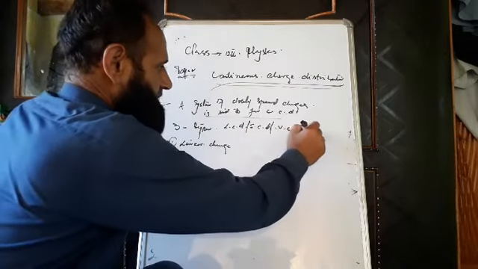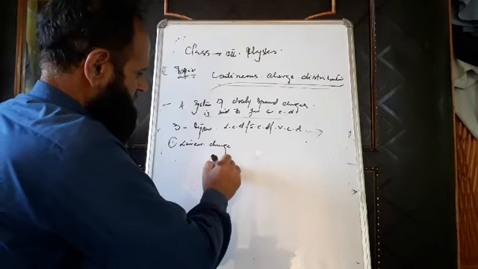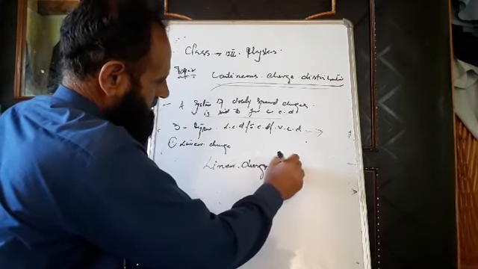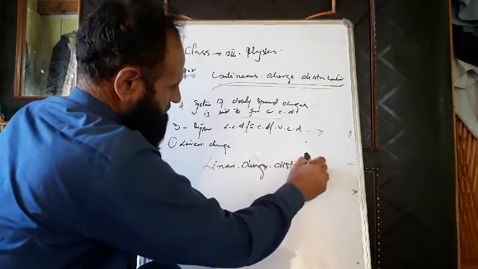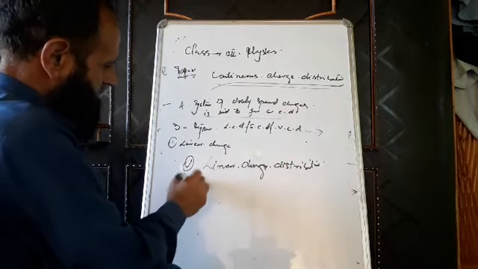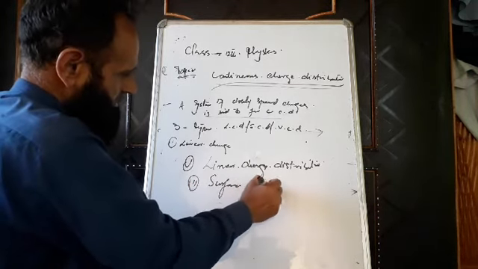There are three types of charge distribution. One is called linear charge distribution. Number second is surface charge distribution.